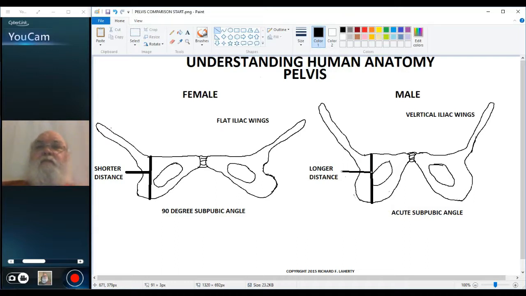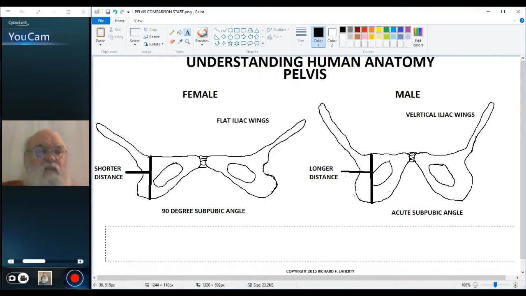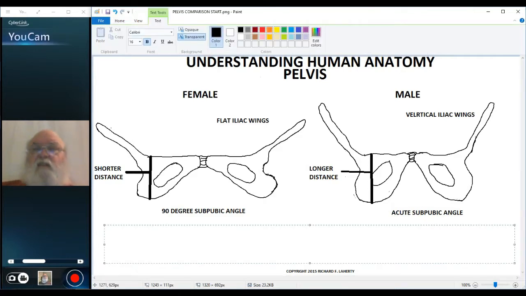There are other differences. For example, the sacrum is less curved, or it's flatter in the female.